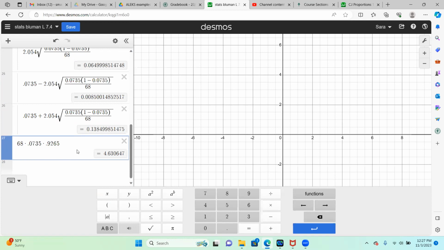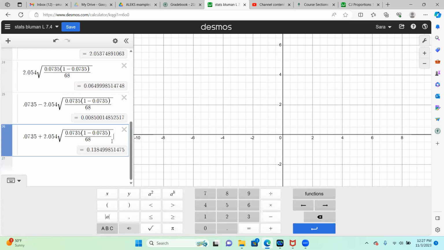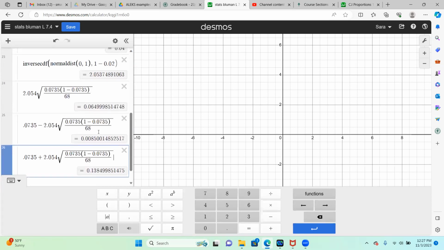That is only 4.63, which is less than 10. So I would say that it's definitely not normally distributed, and we really shouldn't be using the central limit theorem to predict this. We should really be using more than the 68 pieces. So more than the 6 bags for sure. So let's look at calculating sample size.